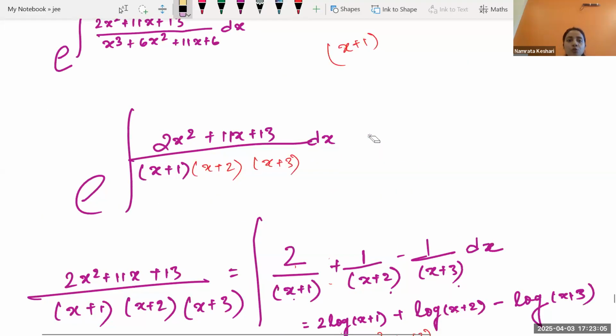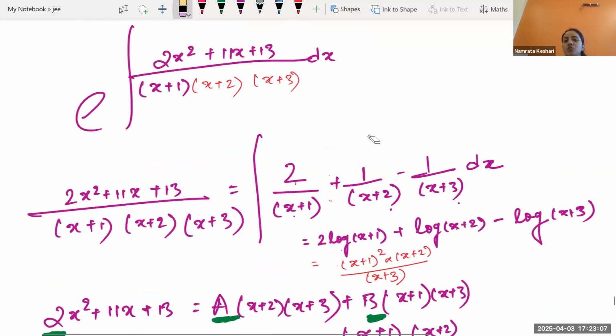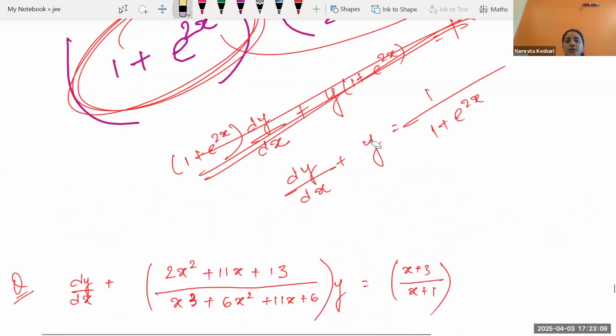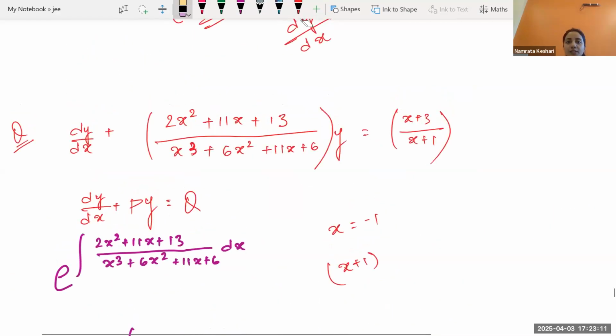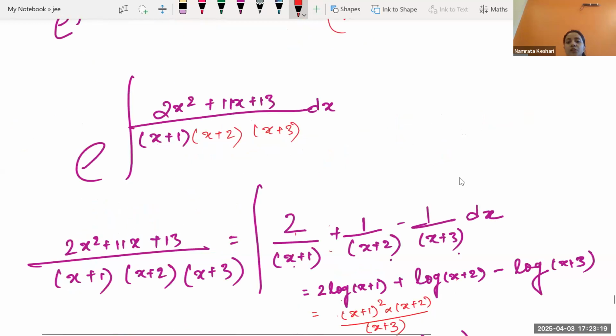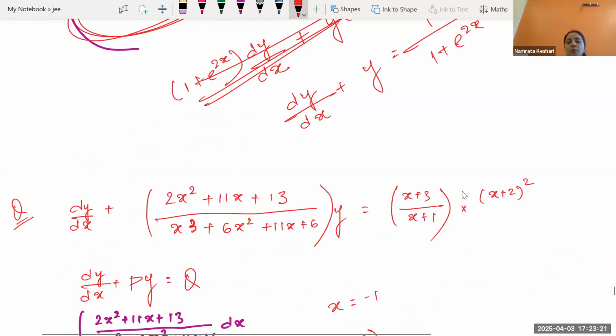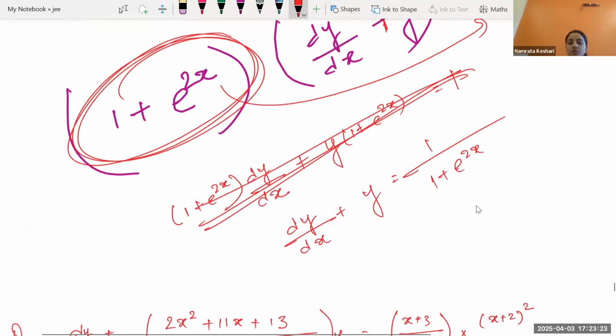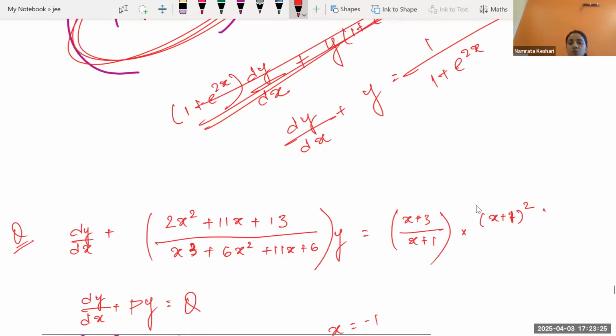Let me check our Q. When we do the multiplication with Q on the other side and integrate, will it be simple? Then I will leave it. We have (x + 1)²(x + 2)/(x + 3).